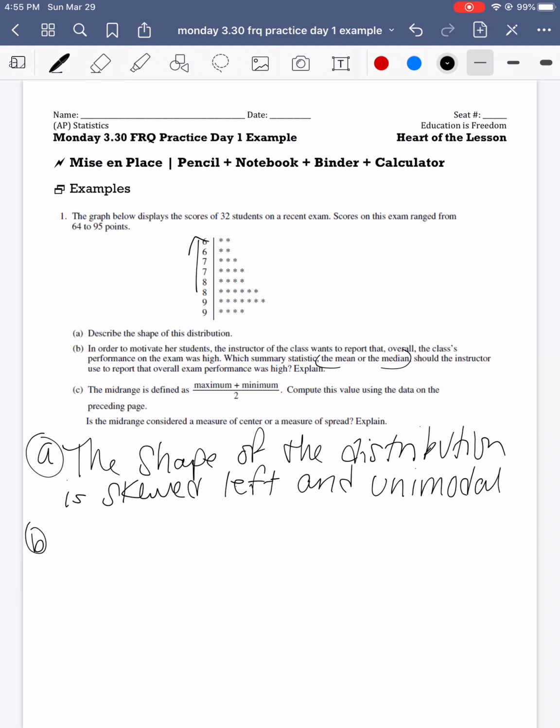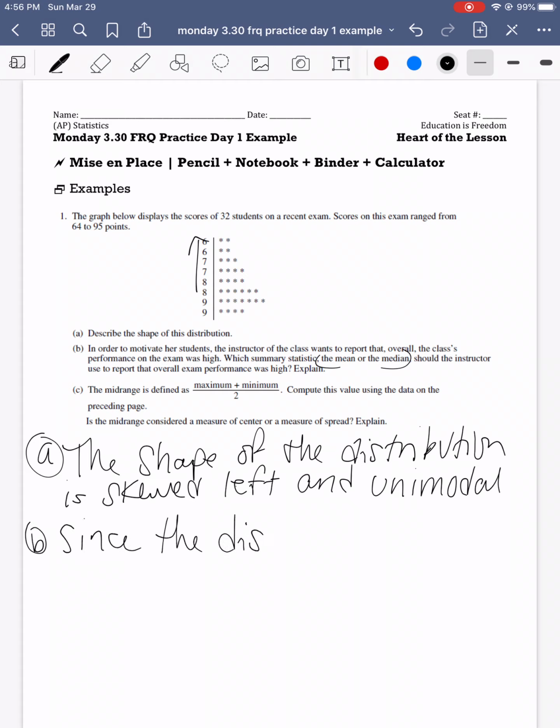Our mean isn't necessarily going to be representative. So if we have a skewed distribution, we want to use the median in order to determine the center of our data.